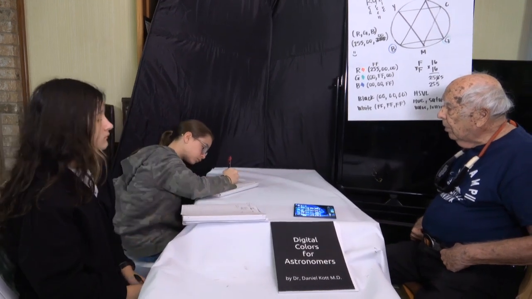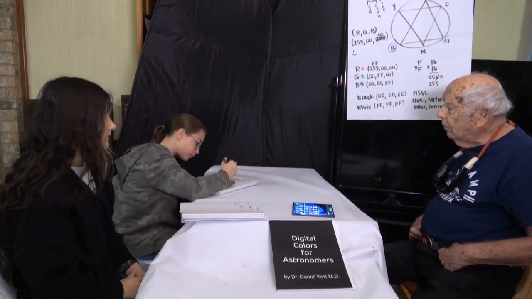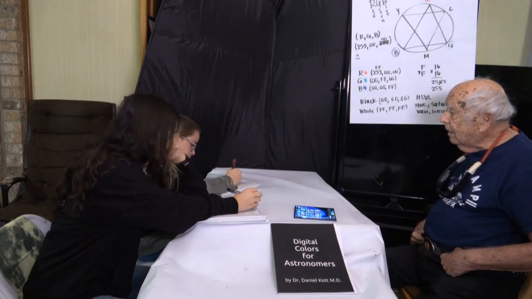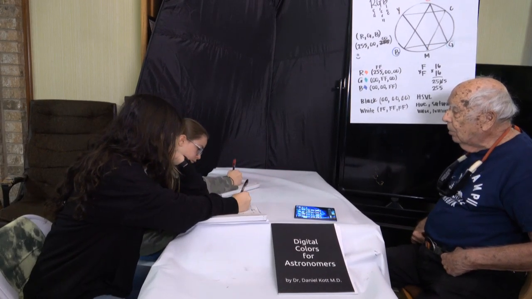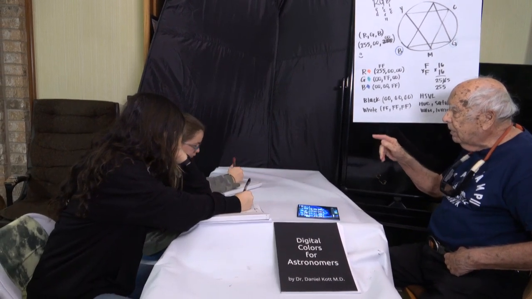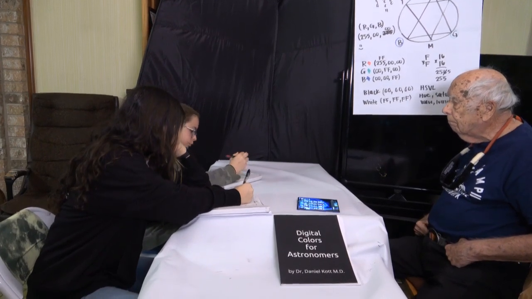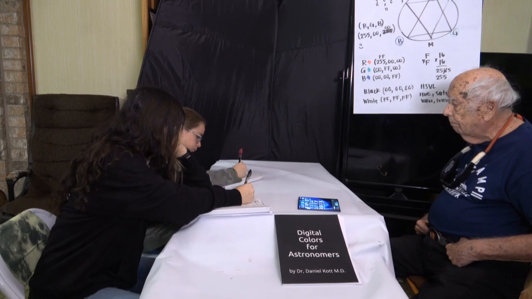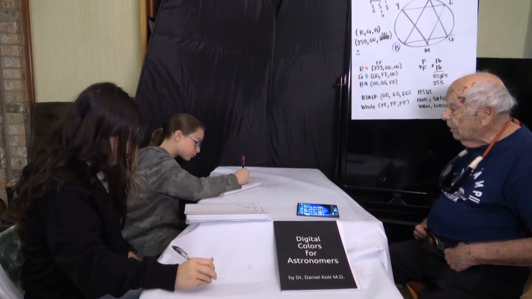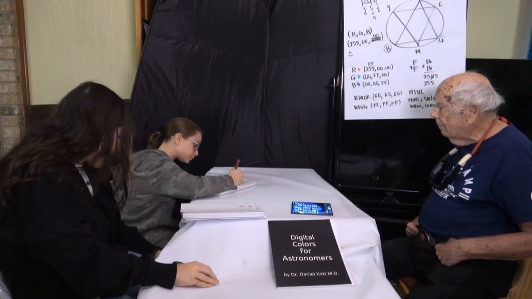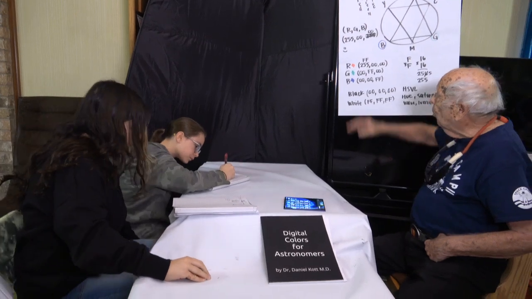And under there, you're going to take FF is 16 times 16. So put 16 times 16 equals 256. So that's FF. So that you must know.